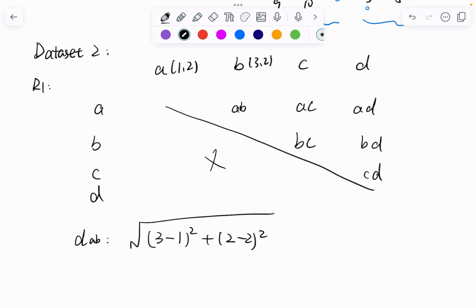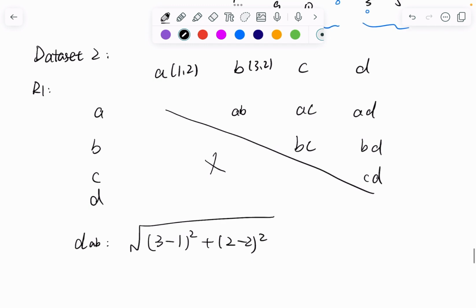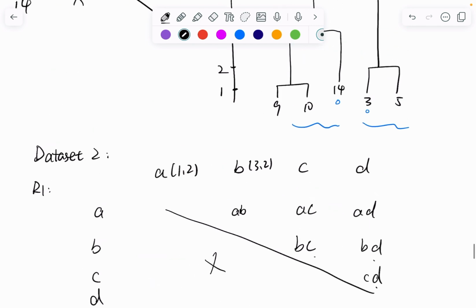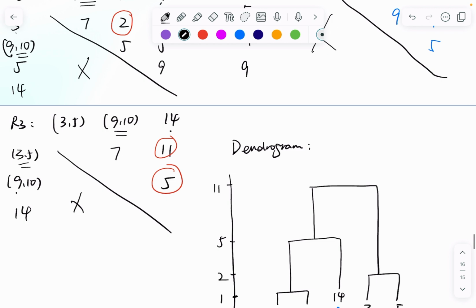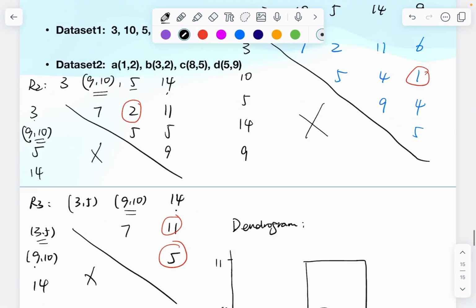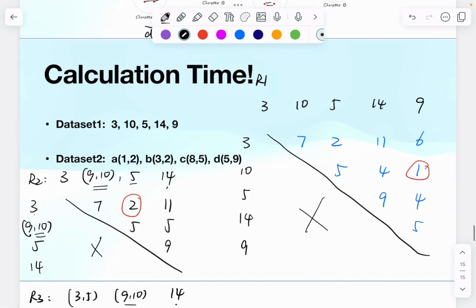This is how we calculate the distance between AB. So these are all similar with how to calculate the distance on other dots. So these are all the examples of showing how to calculate the distance and how to use the complete linkage.